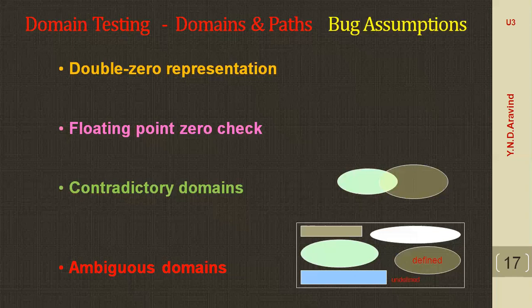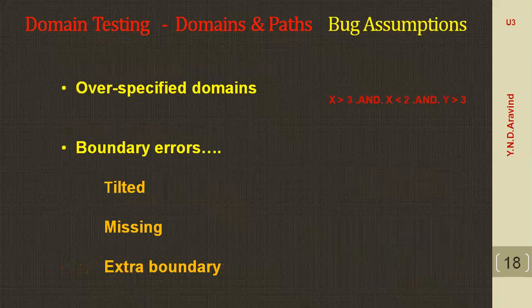Next, the kind of domain error we can see is over specified domains. The domain can be overloaded with so many conditions that they result in a null domain. Another way to put it is that the domain path is unachievable. If you can see here, x greater than 3 and x less than 2.